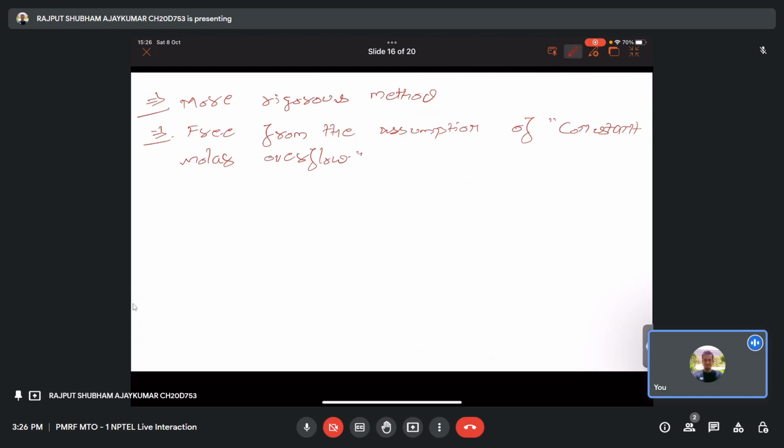I will show you through a distillation column, like we already have. Consider this as a distillation column. There will be a feed point, this will be the rectifying section, and this will be the stripping section.